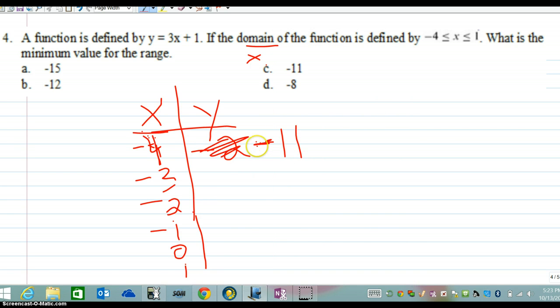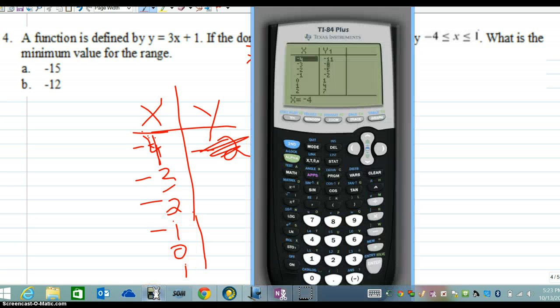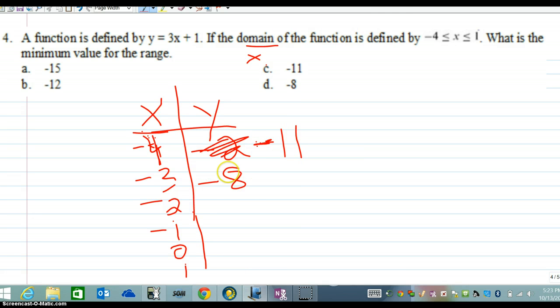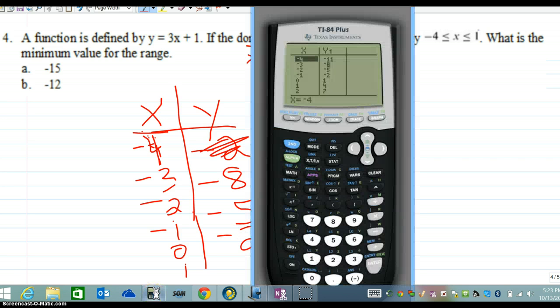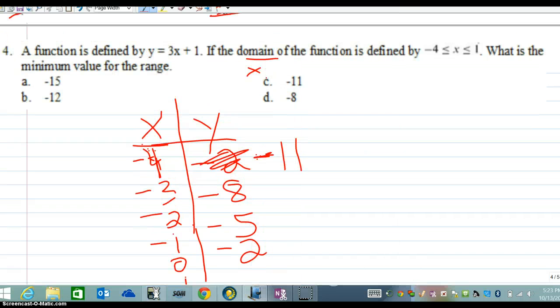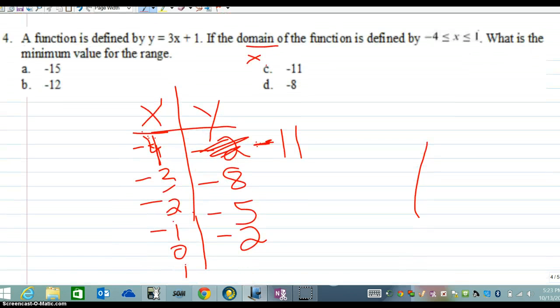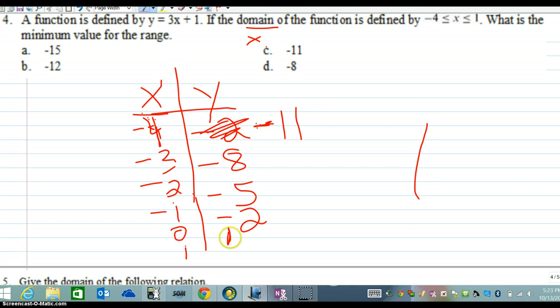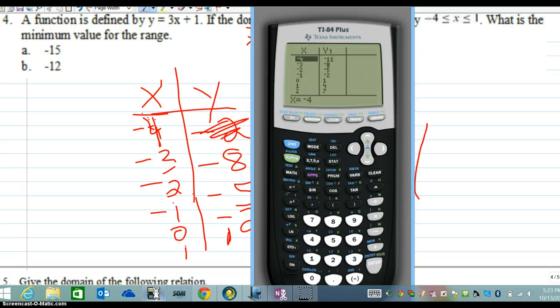When x is -3, my y is -8. When x is -2, I get -5. When x is -1, my y is -2. When x is 0, my y is 1. And when x is 1, my y is 4.